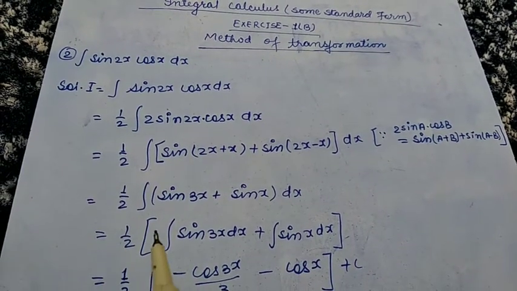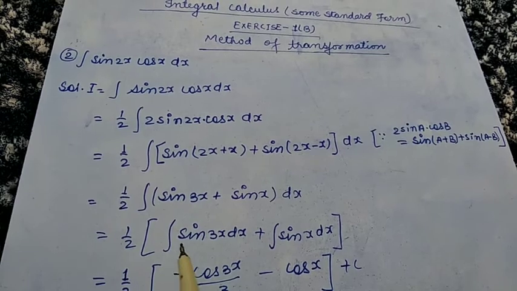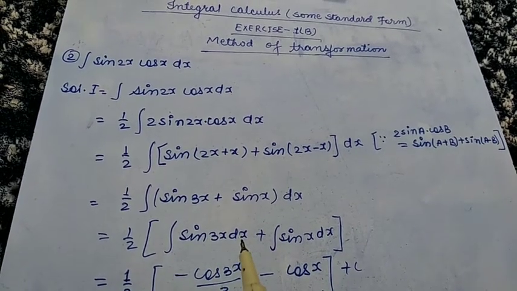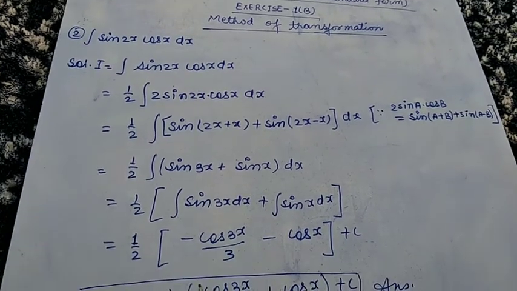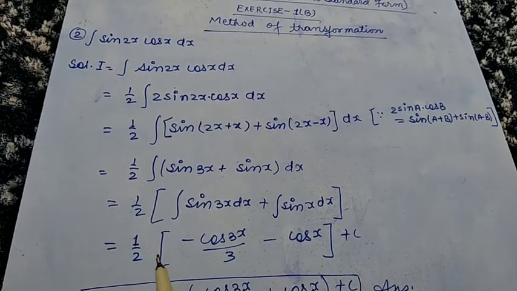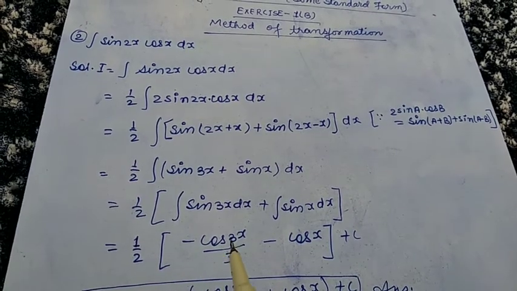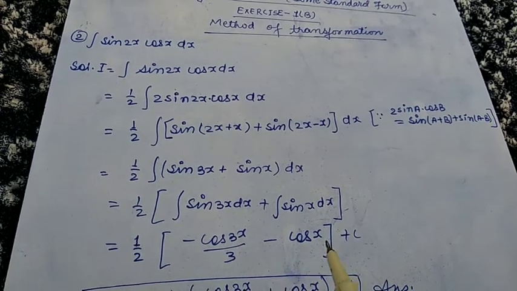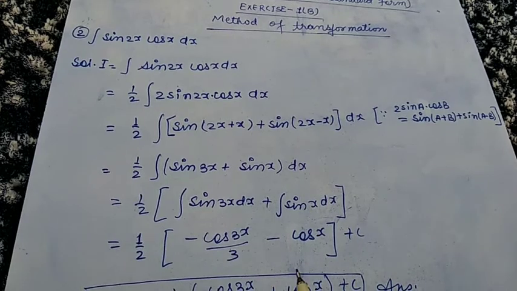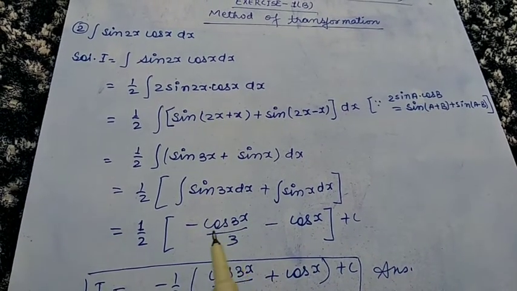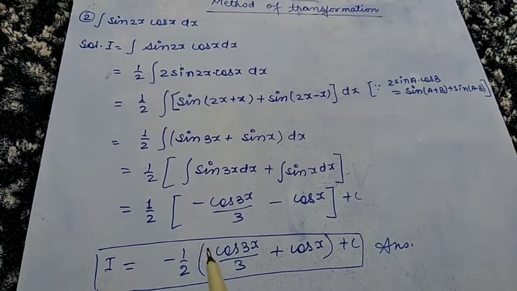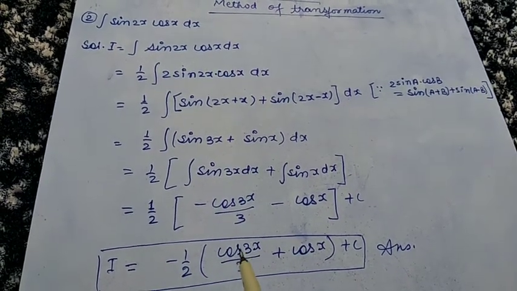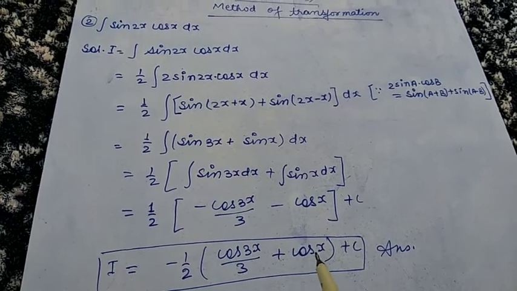So it is 1 upon 2 into integration of sin 3x into dx plus integration of sin x into dx. So it will be 1 upon 2 into (minus cos 3x upon 3 minus cos x) plus c. We can take minus common, so I is equal to minus 1 upon 2 into (cos 3x upon 3 plus cos x) plus c.